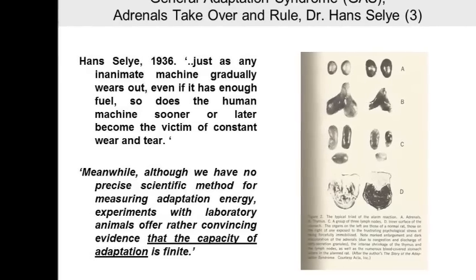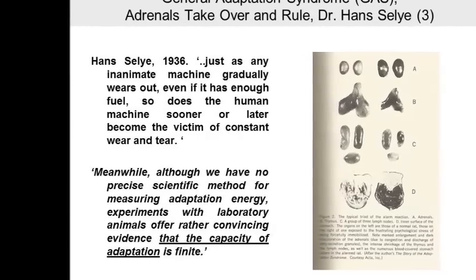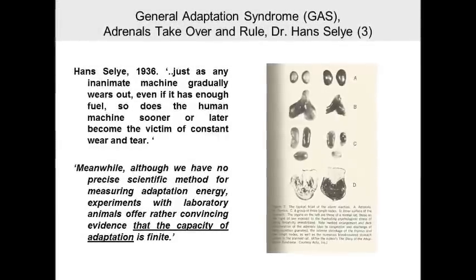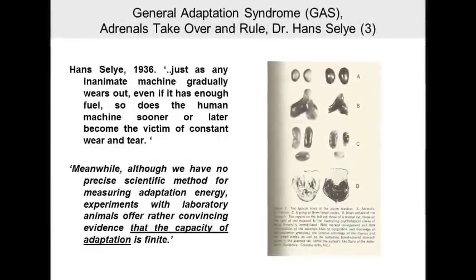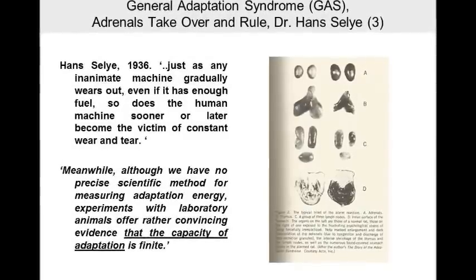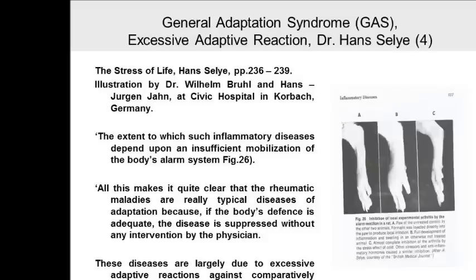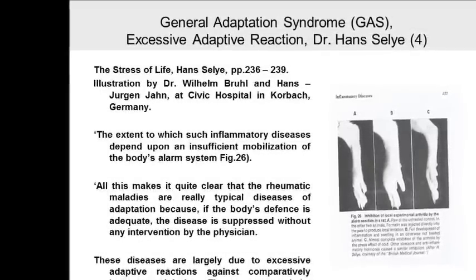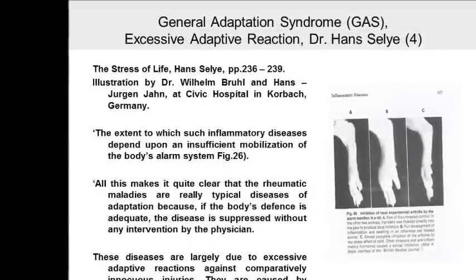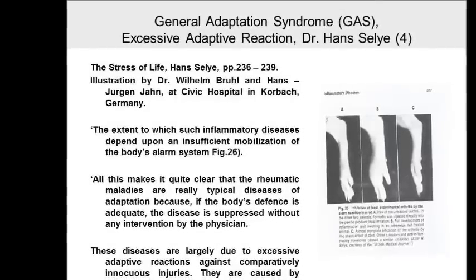The body expressed the stress through this type of image: increased size of the adrenals and decreased size of the thymus. That one was exposed to a very severe stress, and then the stress was stopped, so the organ returned to the normal condition.